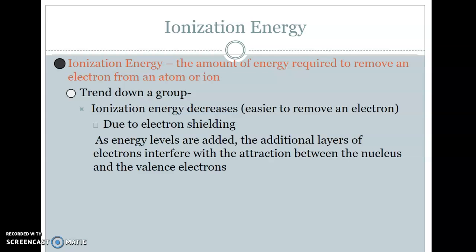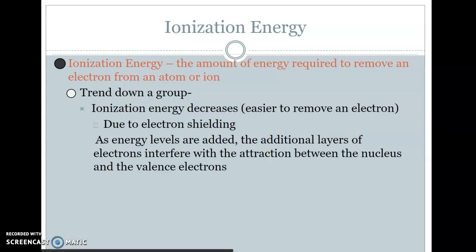Two pieces of paper, it still holds pretty well. But by the time I add three or four or even five sheets of paper, the magnet just can't hang on anymore. That's what electron shielding is like. So these electrons on the outer edge are really easy to pull off when they are really far from the nucleus because of all of those electrons in between that are getting in the way and interfering.